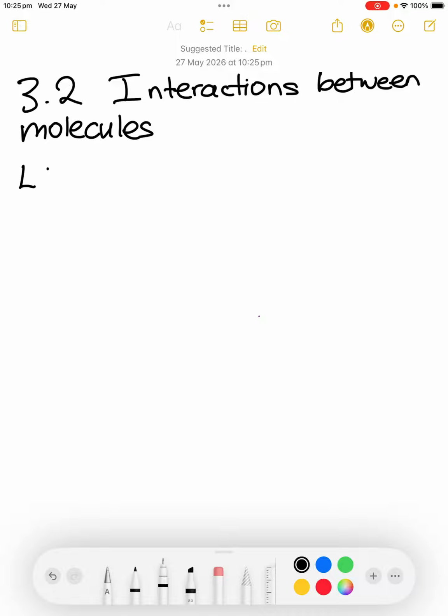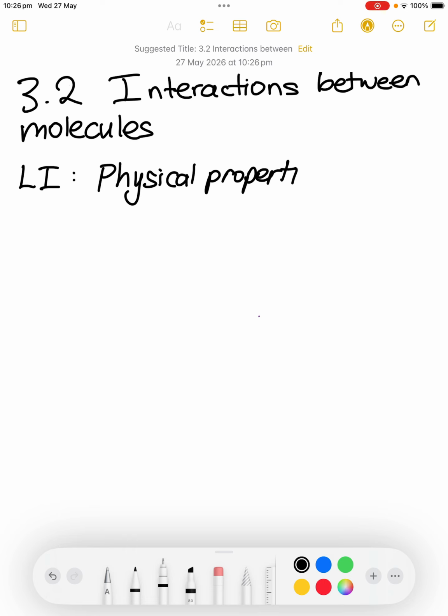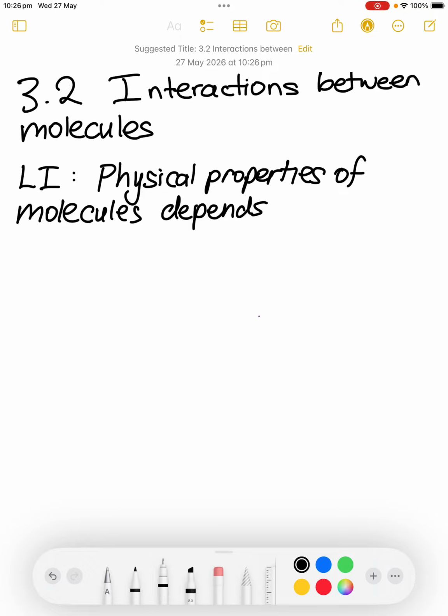And the clear learning intention today is that the physical properties of molecules depend on the strength of the intermolecular forces.